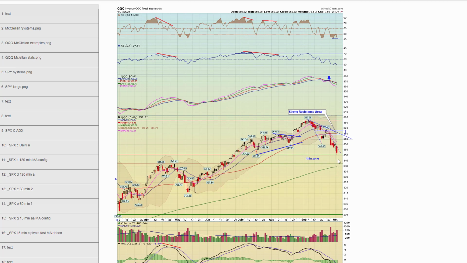You also have a thin zone here if this is lost. Again, we are quite stretched, oversold in the short term. So could we see a bounce? But my thoughts were if we get a rally here, it'll still fail, probably come down again, eventually test that 200-day just because it's pretty close. Then maybe we can have a better oversold rally end of year. Next.